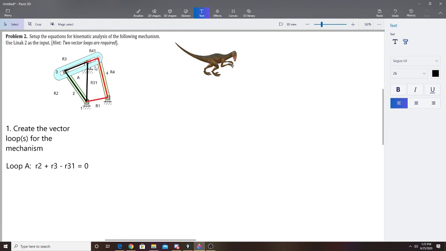I don't disagree with you there. You could probably do it. Like it says 2 vector loops are required. I don't know if they're required. But the reason why I would caution against not doing it in 2 is because at the end of it, you might realize that you have so many unknowns that you can't possibly do extra equations on here without creating more unknowns.